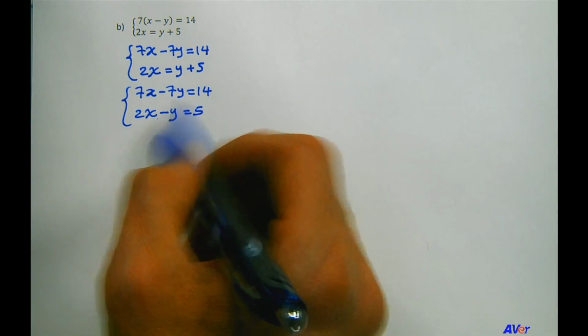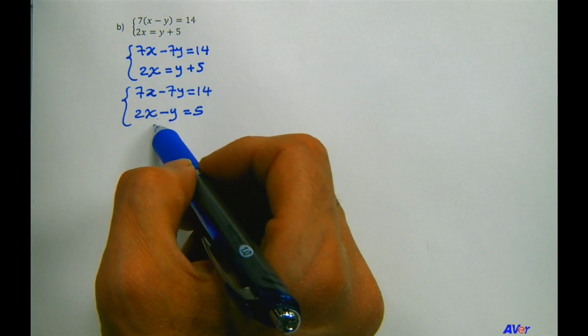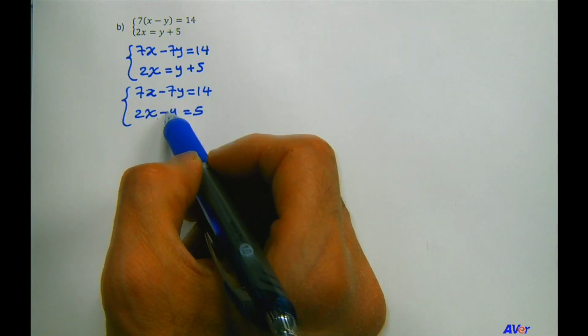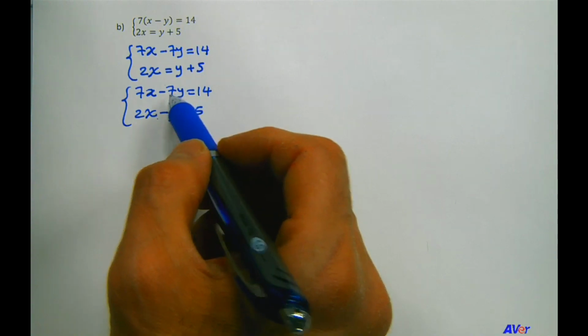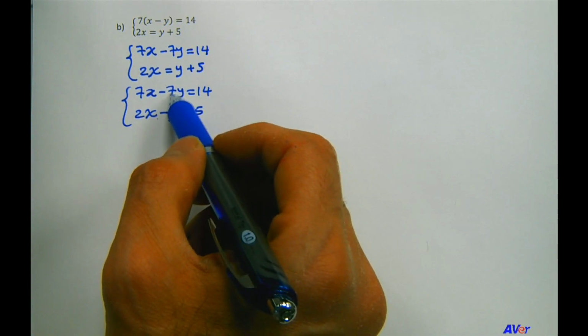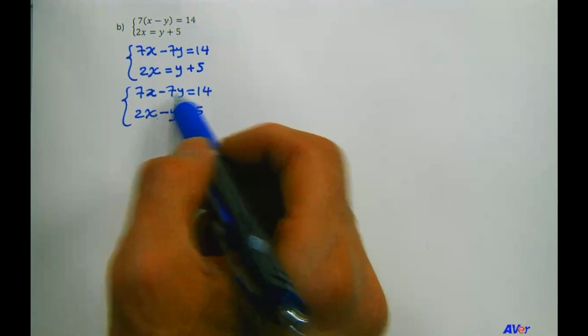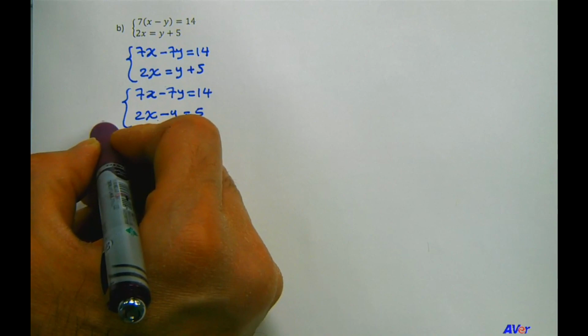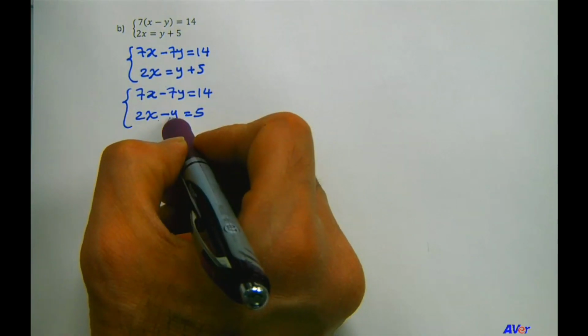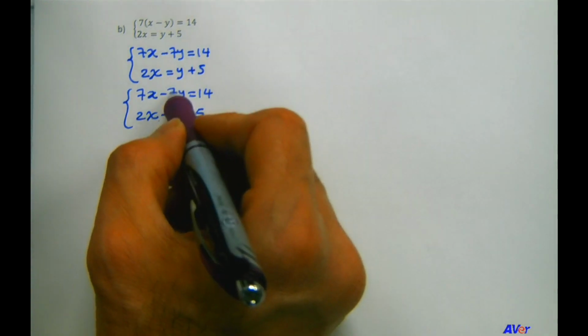How's that? Well, compare the coefficients. All we have to do to make sure that this y term has equal but opposite coefficient compared to negative 7 is multiply the bottom equation by something. What should I multiply the bottom equation by to make sure that the y term has equal but opposite coefficient when compared to the top equation?